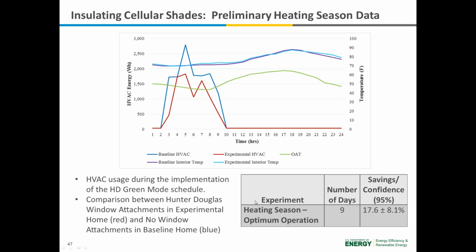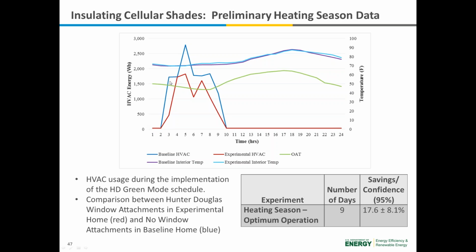Looking at each one of these scenarios, we have a representative day that gives us a little background on what's happening. As with the other ones, we have time on the x-axis in hours, HVAC energy usage in watt hours on the y-axis, and temperature on the secondary axis. Remember again that even though it shows as continuous, these numbers are hourly averages, so these are actual watt hours.